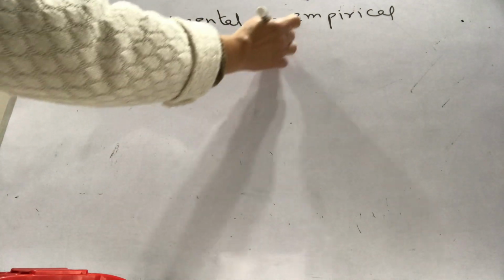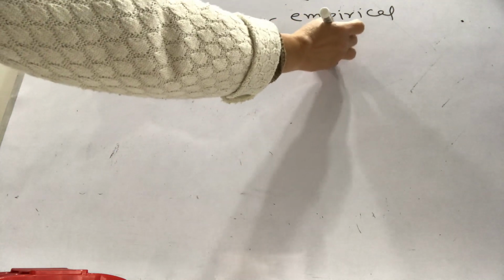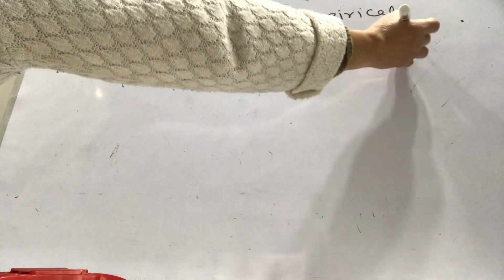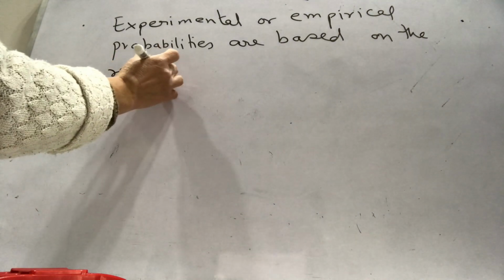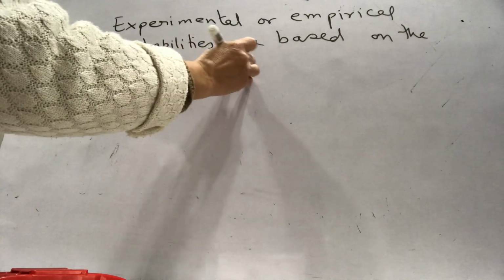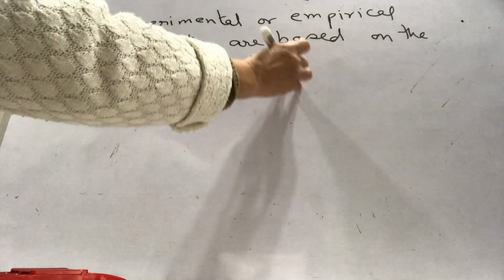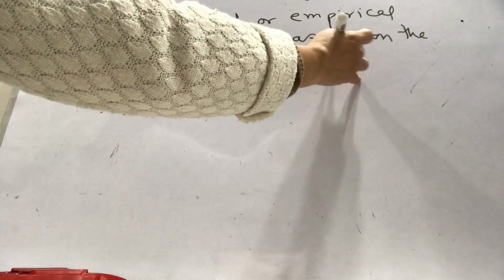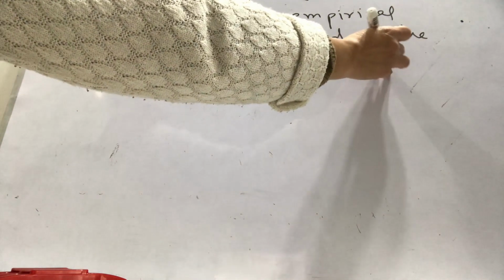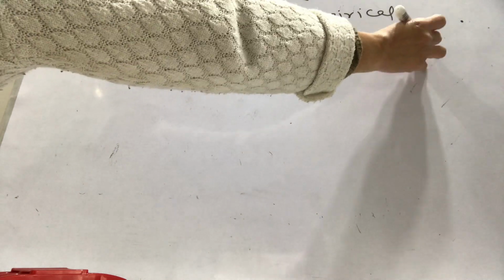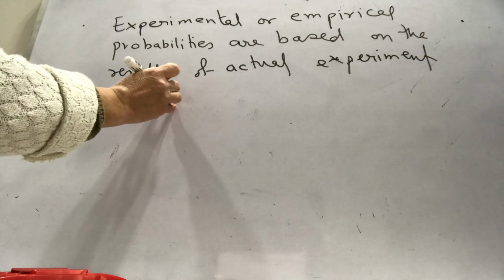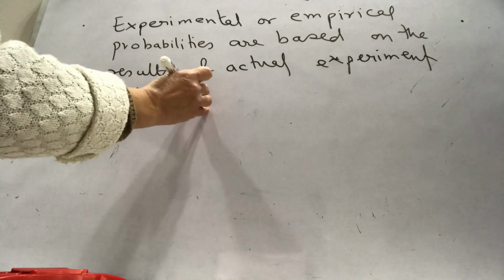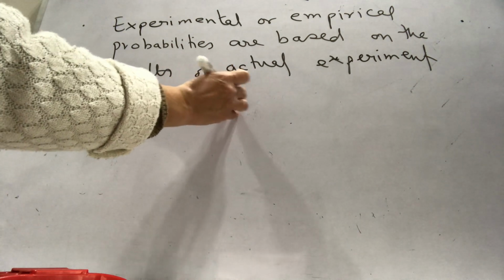Experimental probabilities are based on the results of actual experiment and sufficient number of results are recorded.